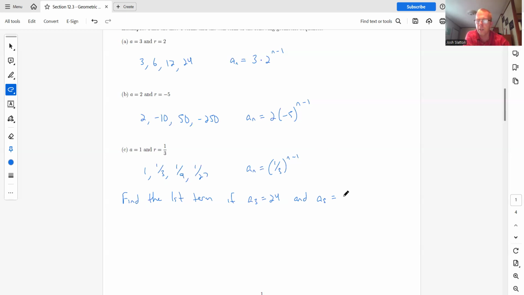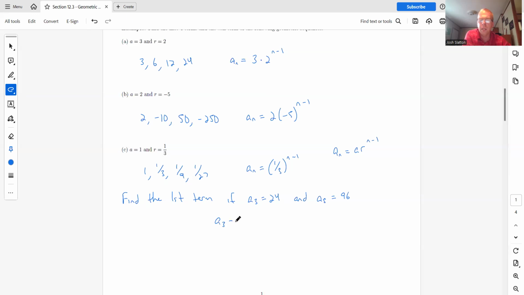I'm trying to do this in my head, so hopefully this works out. The general form is an equals ar to the n minus 1. We're really looking for a, but we don't know what r is, so we have 2 unknowns here. We need to set up 2 equations.